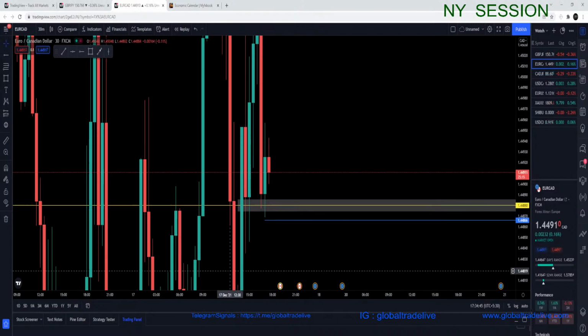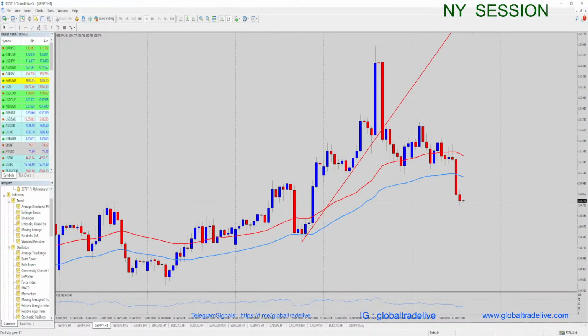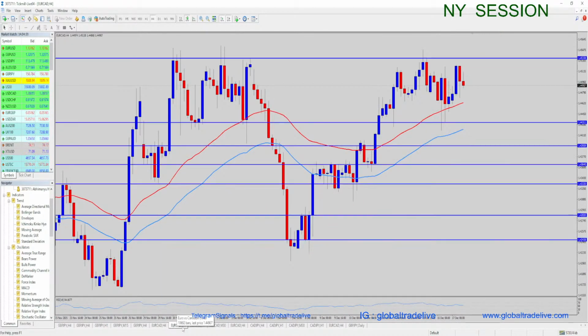EuroCAD previous candle closed bullish. Let's just check. 4 hour still looks bearish.